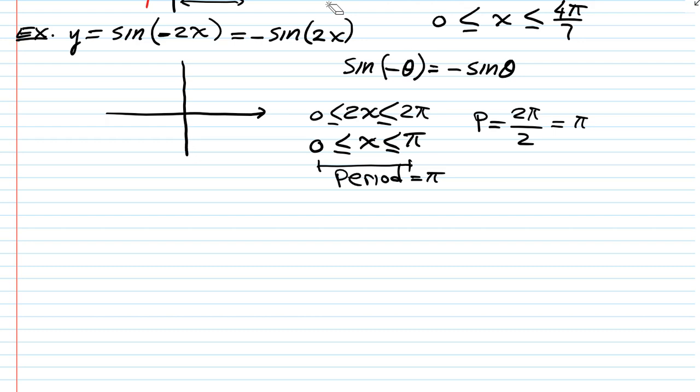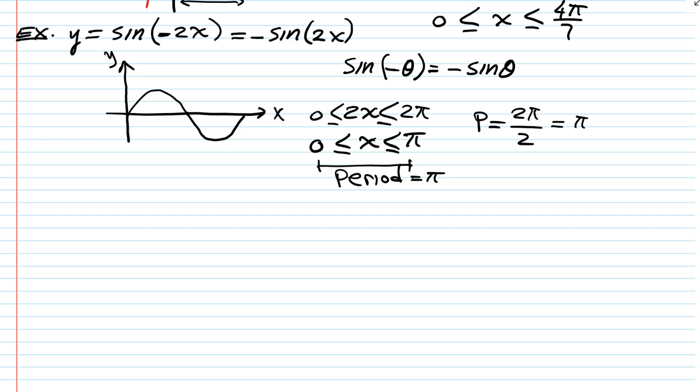Now, perfect. So I'm going to have a sine wave from 0 to pi, correct? So this is what I'm going to do. I'm going to actually graph my sine wave there. And then I'm going to let the coordinate system accommodate for it.